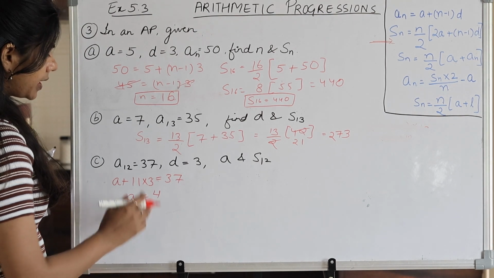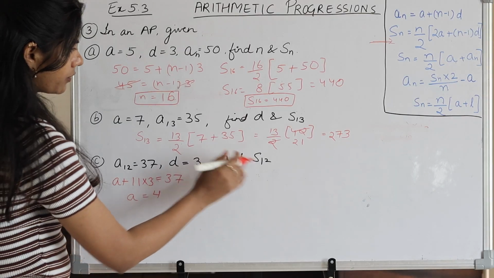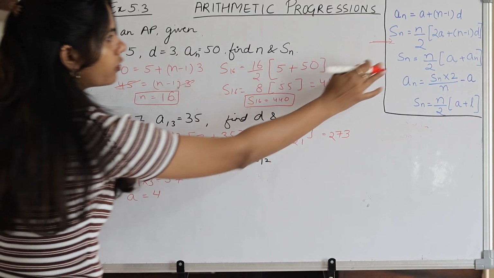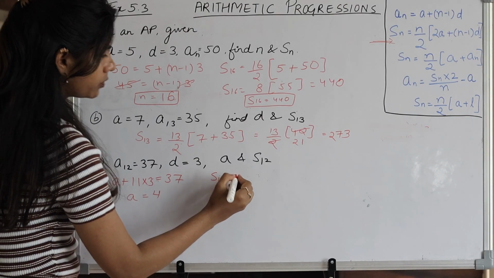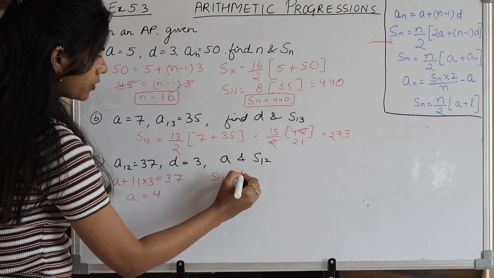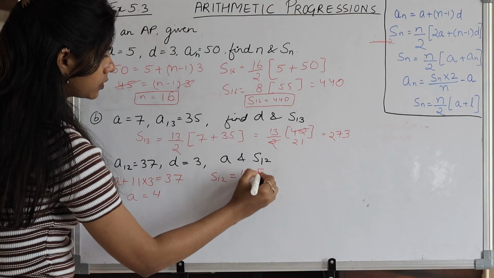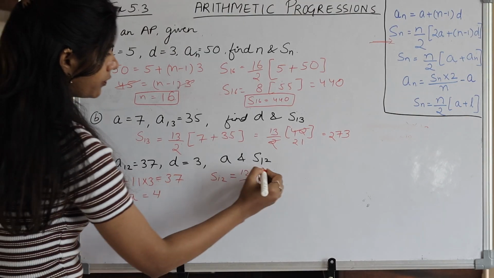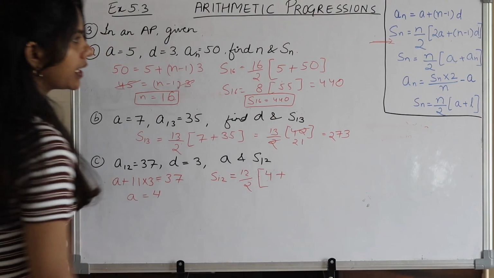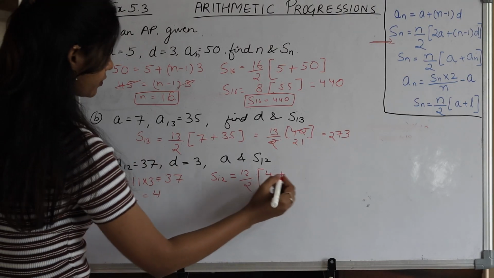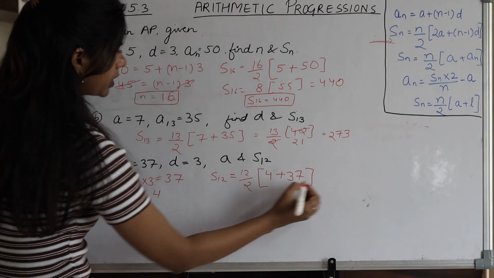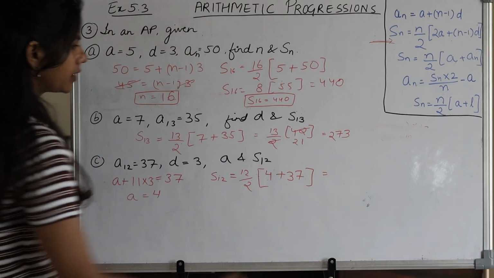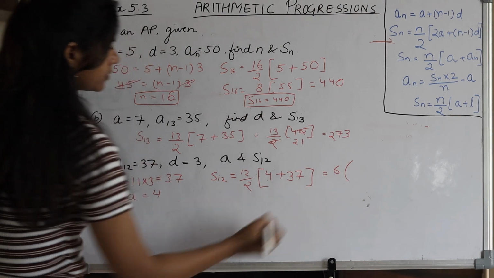Now after finding the value of a, we have to find S12. Now we can directly go with this formula. S12 equal to 12 by 2 (what is a? 4, plus an. What is an? a12 is 37). If we solve it, it will be 246.